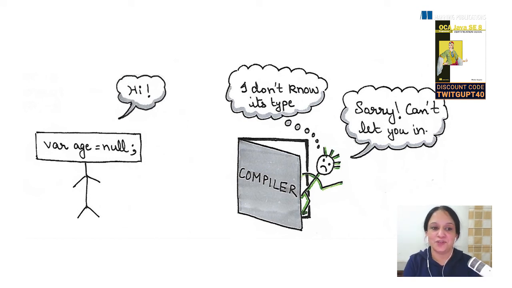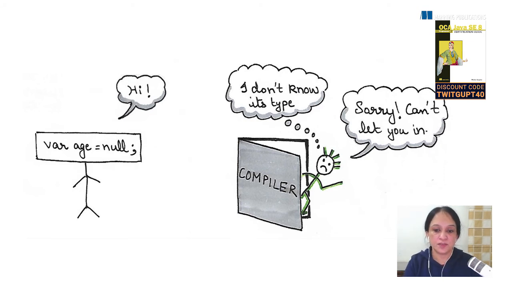Now, this again is one of my favorite. As I mentioned, when you talk about type inference, let's go back to the puzzle example. What if I did not show the main puzzle to you? Would you have been able to determine what the right option would be? No, that would not be possible. In the same way, if you do not assign a value to a local variable, the compiler cannot determine the type of that variable.